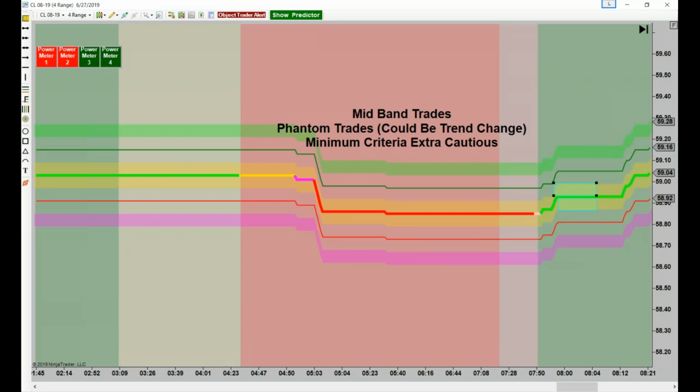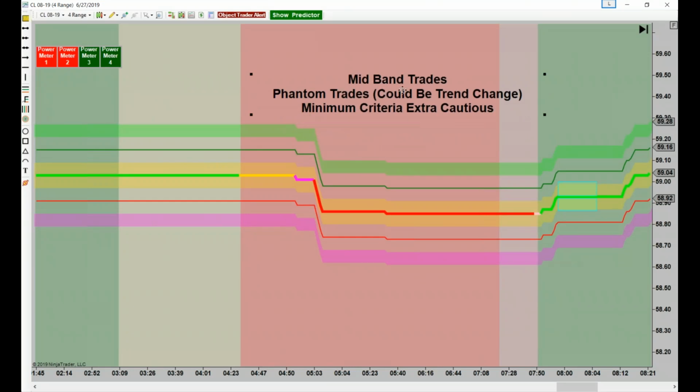First off, we're going to talk about mid-band trades. Mid-band trades, phantom trades, and minimum criteria, you want to be extra cautious. Minimum criteria, you want to really basically take a trade like that when there's been a good ratchet up or ratchet down. Okay, so we're going to go over all of that today.